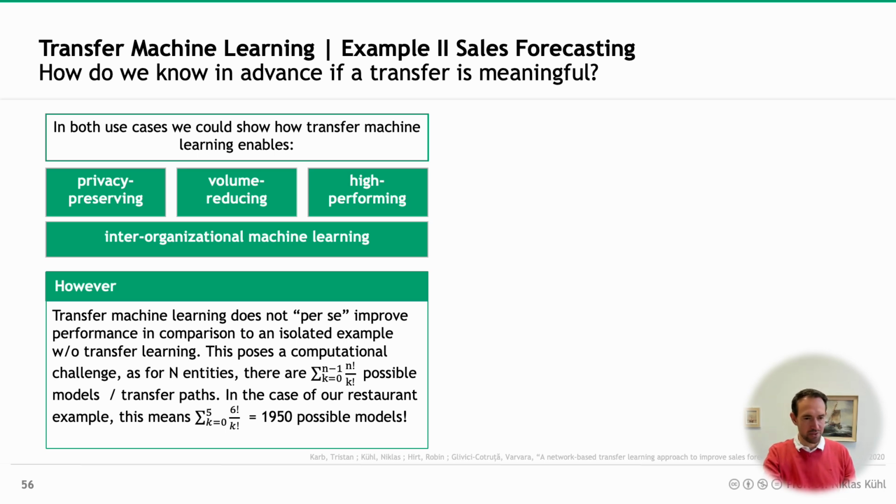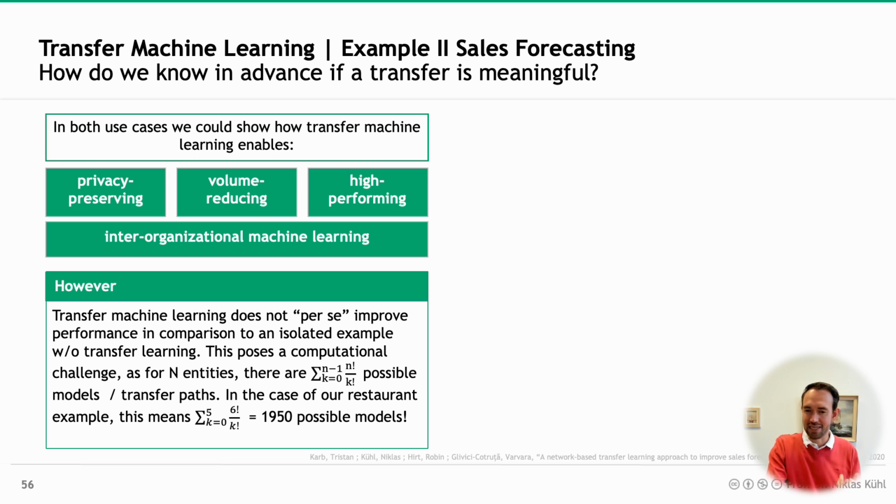And that's interesting because this poses a computational question. So let's assume we have n entities and we have a bunch of different possible transfer paths. If you look at all the possible permutations, this leaves us with over 1,950 possible models, only in the case where we have 6 entities, right? Like we had in the earlier example. And you can see how this increases.